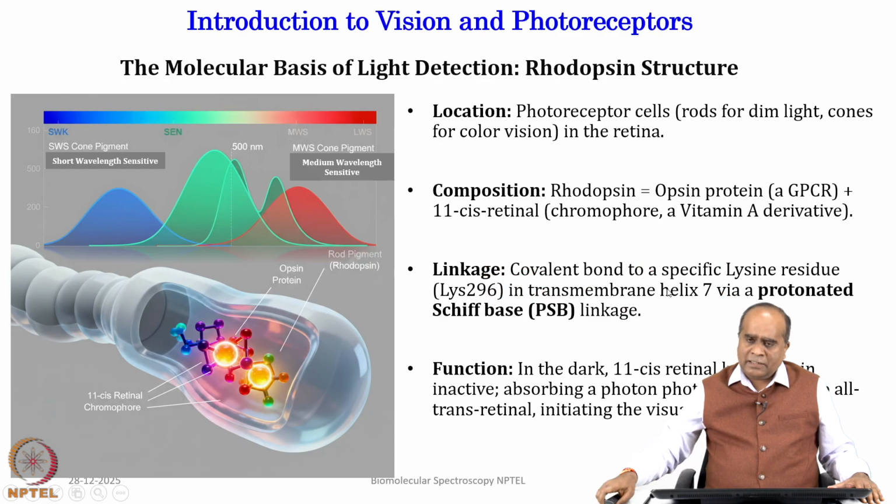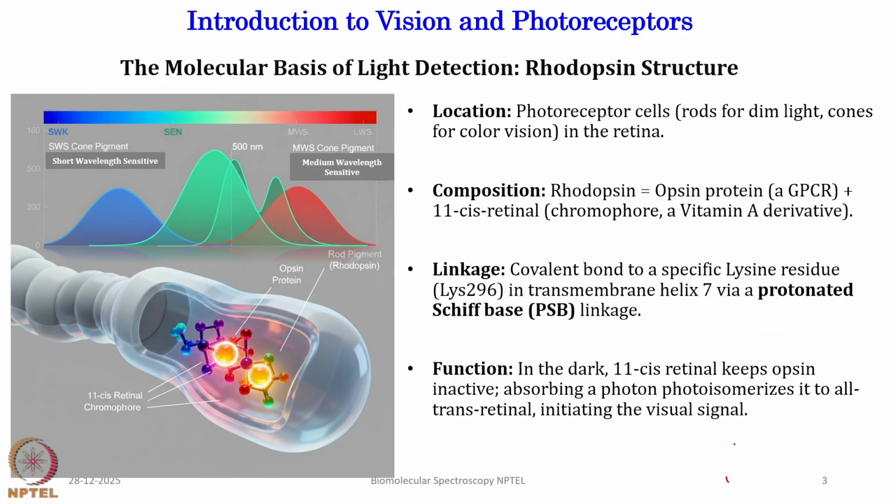As I said, there are 7 transmembrane helices, something like this, and they sit in the membrane environment, and one of those, helix 7, is protonated by a chemical reaction called Schiff base formation, and that links it.